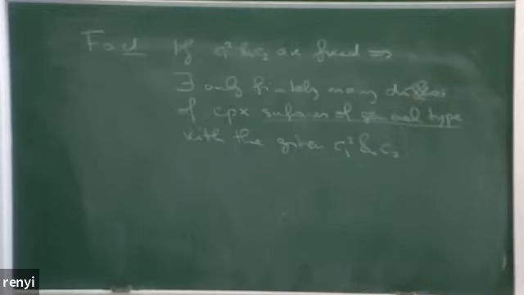So suppose there is a sphere in my 4-dimensional manifold. It's an embedded sphere with trivial normal bundle.